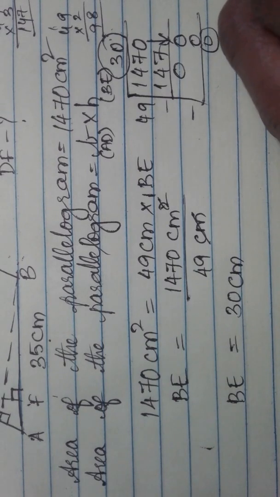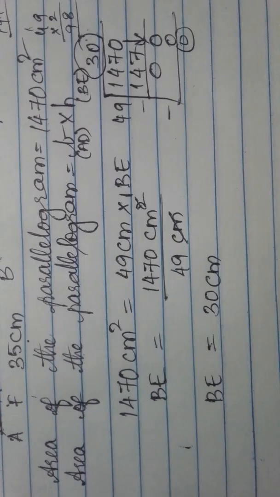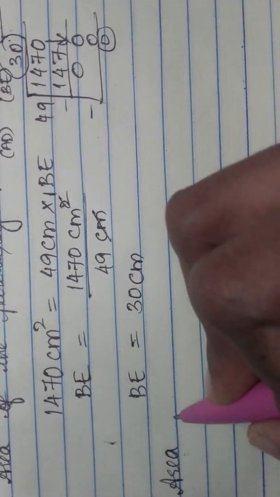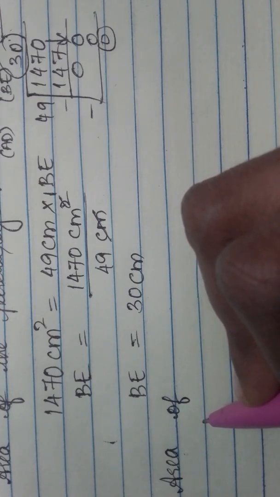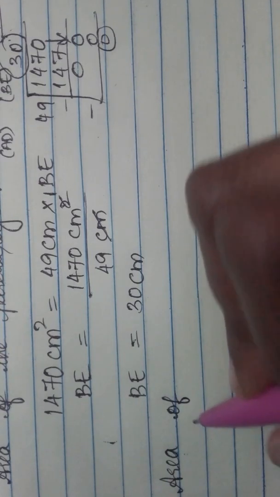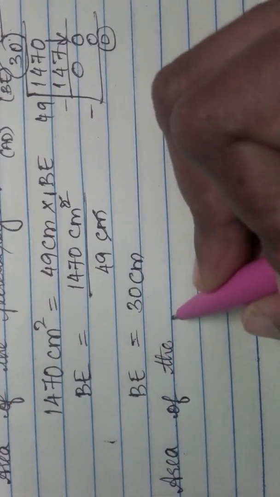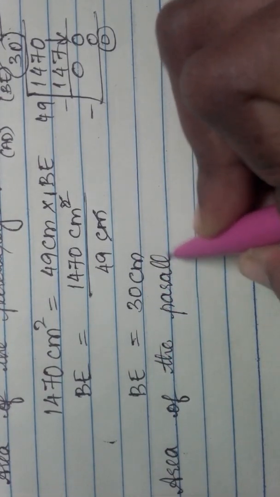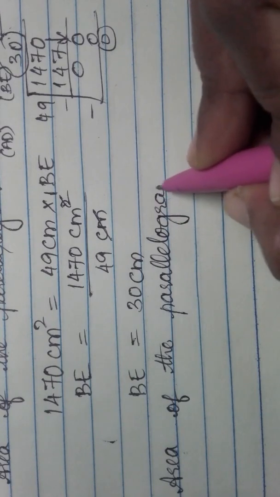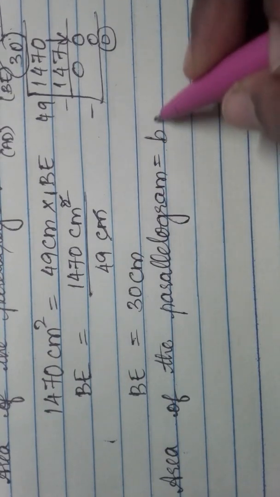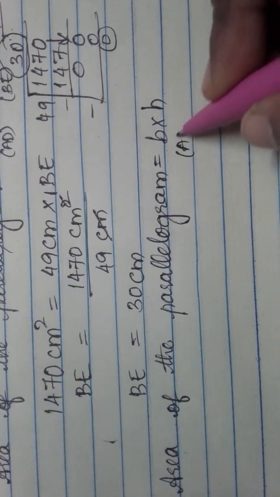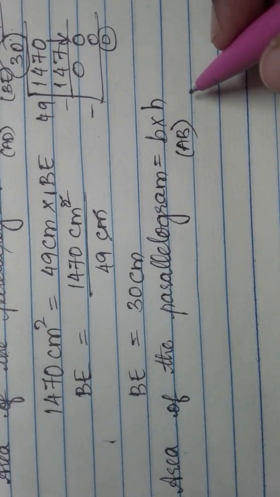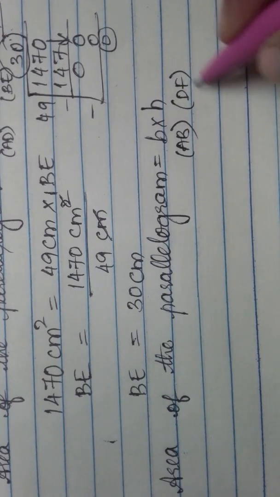Now same way you have to find out the value of the height DF. Area of the parallelogram is equal to base into height. So base we are going to take as AB and height we are going to take as DF.